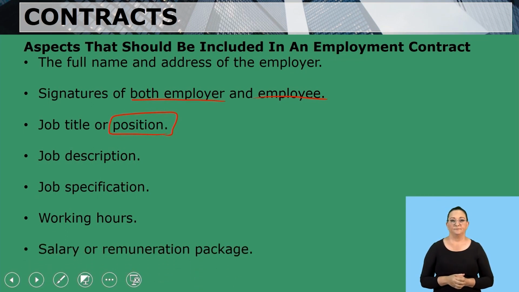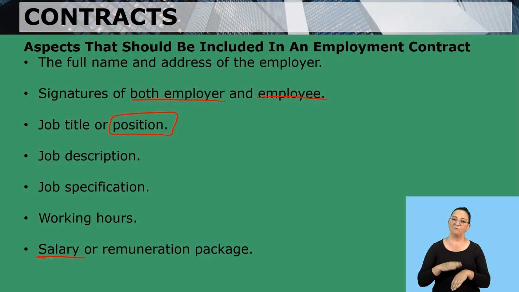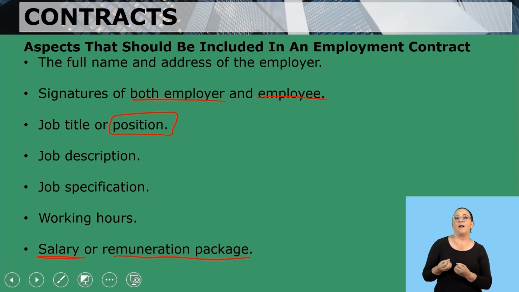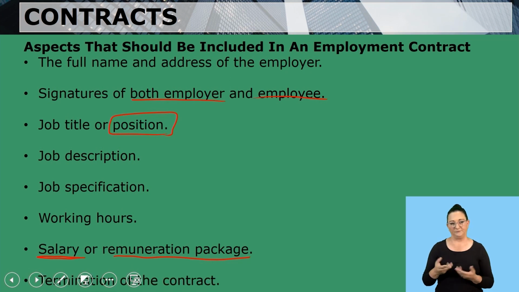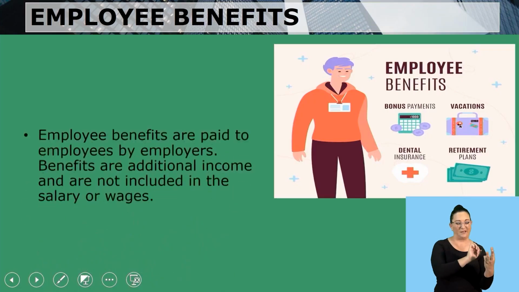Then, very importantly, I need to know on the contract the remuneration package or the amount of salary that I am going to earn. Then I must also know what would qualify for the employment contract to be terminated.